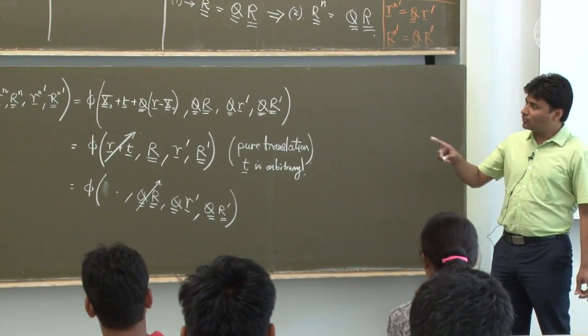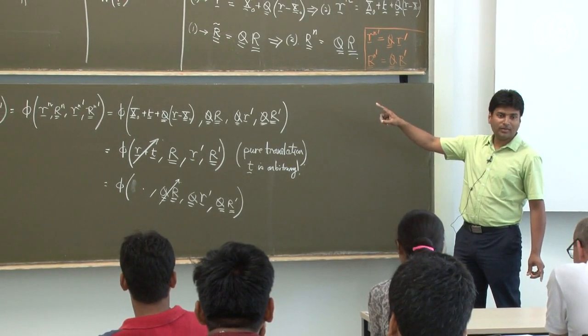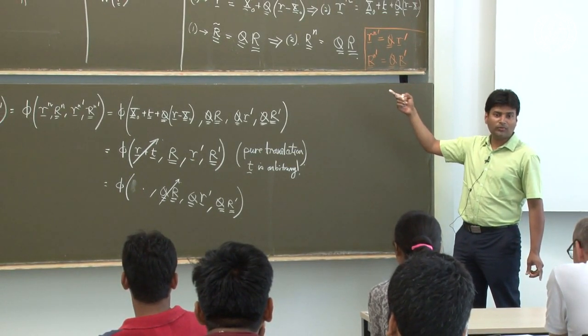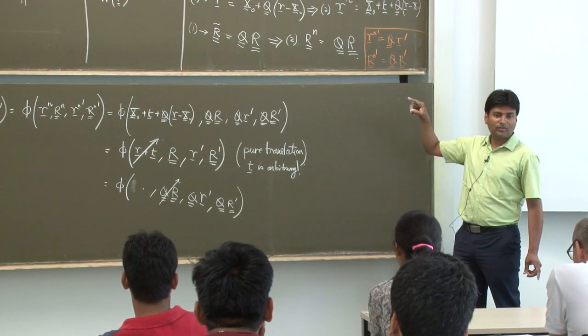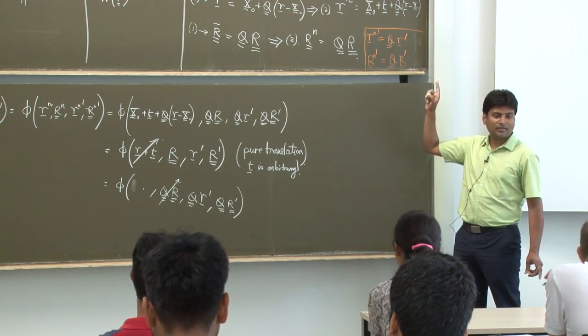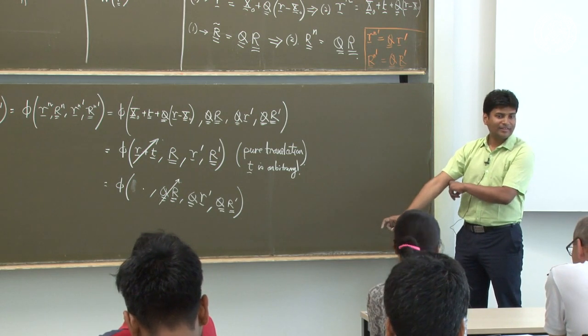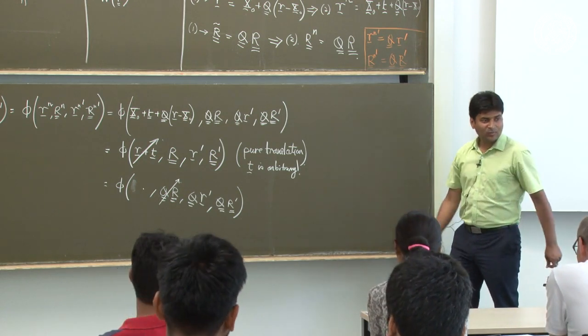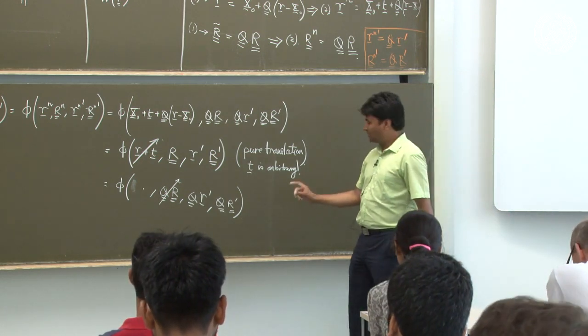Do you remember what you do for W of F, then becoming W of U? F is equal to R U, then you get rid of R. So, something like that we have to do here.